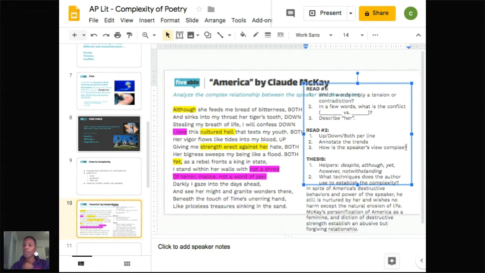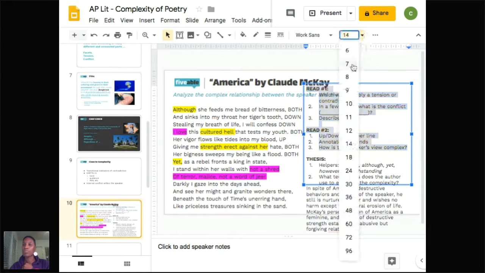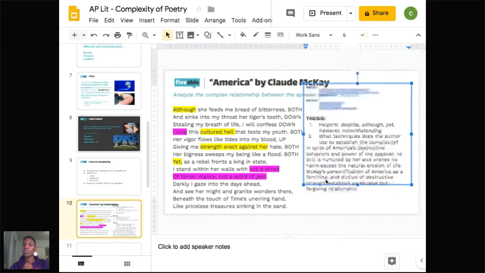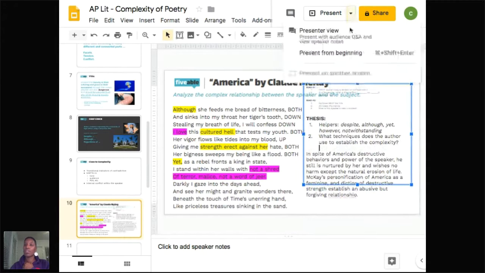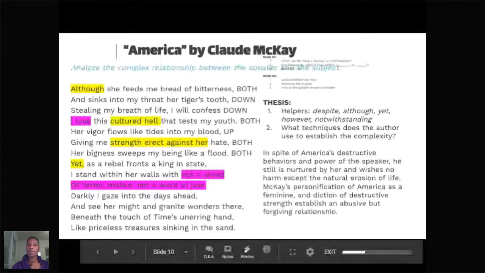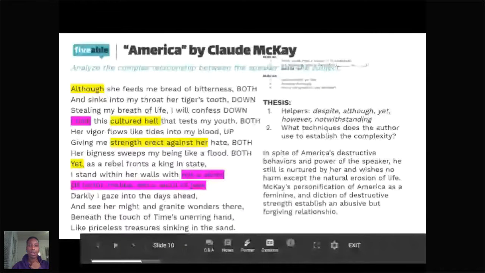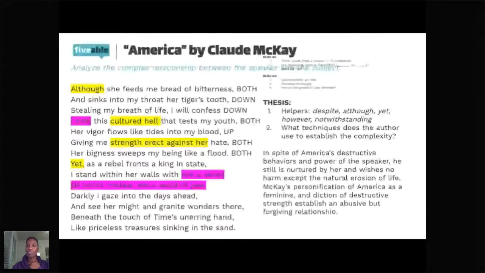Okay, I'm going to make these things very, very small so that there's a little more room for this thesis. And then, okay, so sorry for doing all of that while you were sitting and watching. But that's what we come out with.